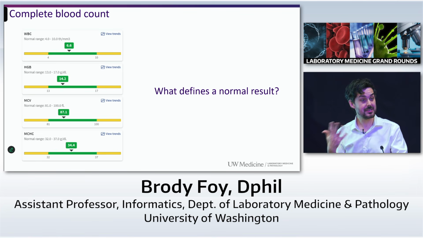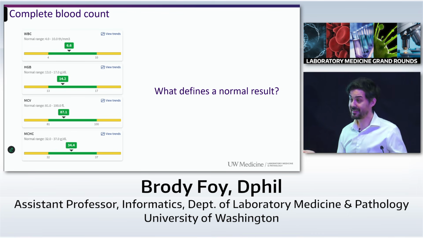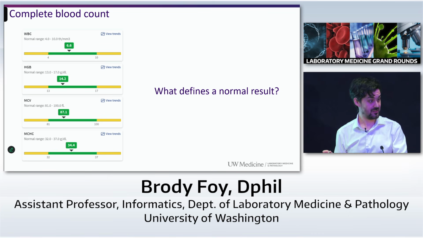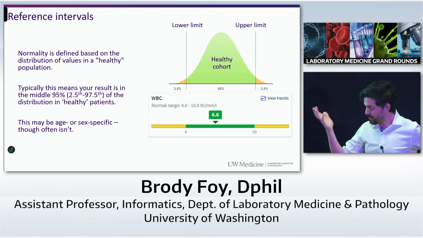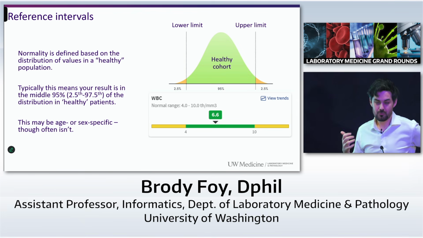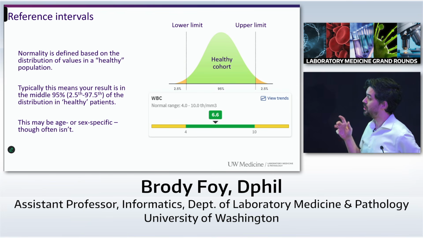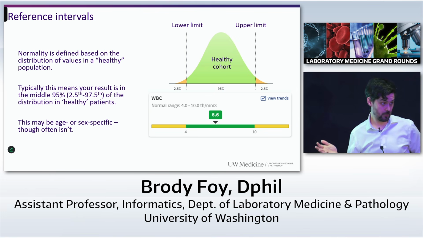And I think if you're quantitatively minded, the first question you might ask is, well, what does normal mean? And if you're a statistician like me, you will start to really question what normal means. And so again, as pathologists, most of you will know that when we talk about a normal range for a test, what we're typically talking about is a 95% confidence interval of the values in a healthy population.